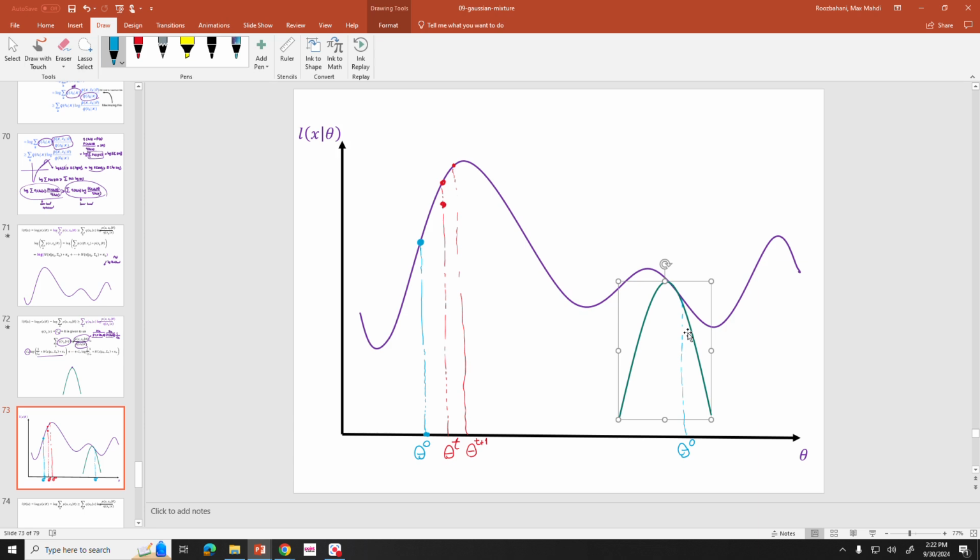Stop. Okay, so now this one is going to go to the right side or left side? Left side. This means that it's going to drag right here, drag until I get to this point. Will it give me a local or global? Local. Anytime you run GMM, based on your initialization, it might give you different results, outputs, yes.